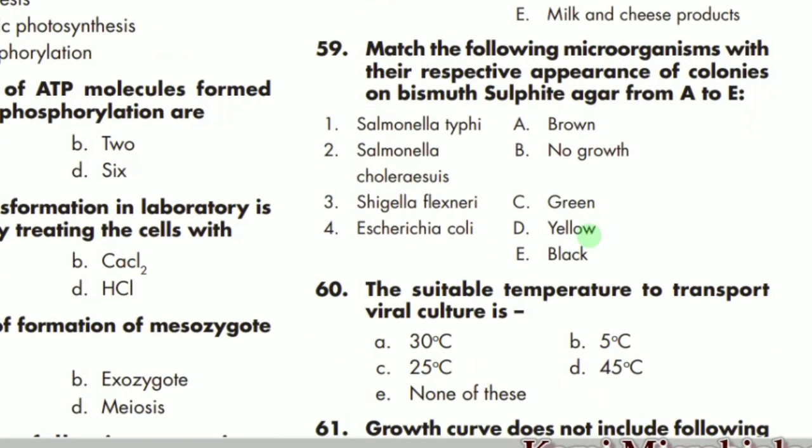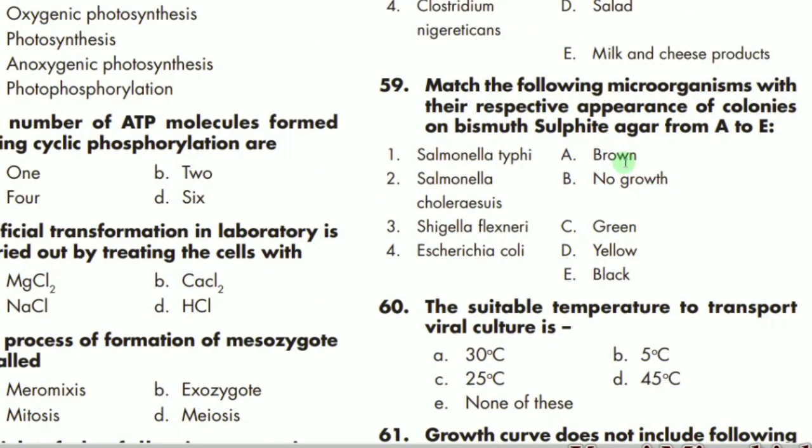Then we have the 59th MCQ. It says that these are the bacteria and their growth on bismuth sulfite agar. The first option we have is Salmonella typhi. On bismuth agar they produce black colonies. So E is the correct option. Then Salmonella choleraesuis produces green colonies.